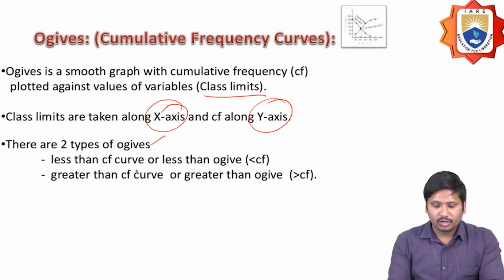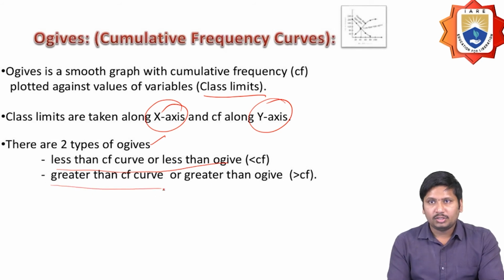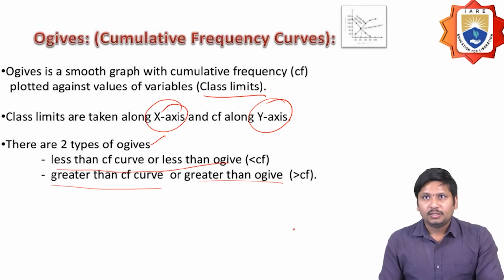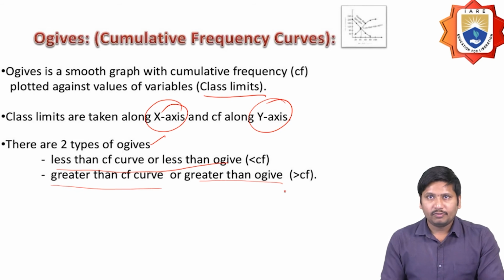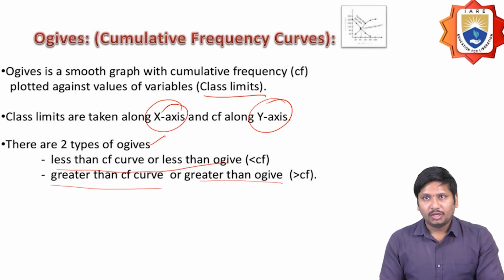There are two types of ogives: the less than cumulative frequency curve, or less than ogive, and the greater than cumulative frequency curve, or greater than ogive. So these are the two types of ogives we have.